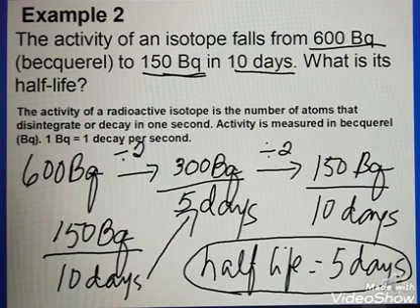And if we continue, 300 becquerel will fall to 150 becquerel. The problem tells that it takes 10 days to fall from 600 to 150 becquerel. It means that the half-life is equal to 5 days.